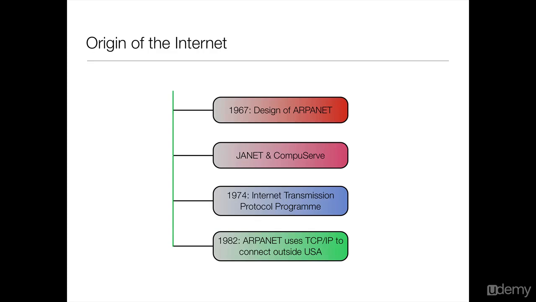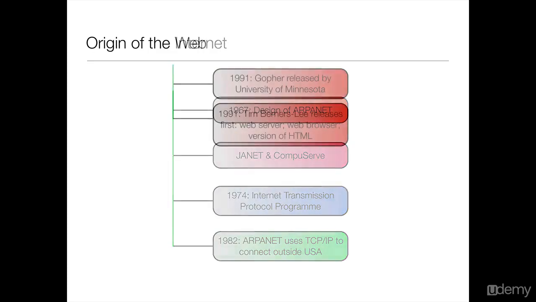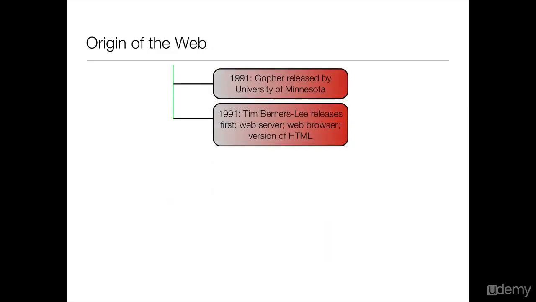And then on top of that, we started to see the origin of the web itself, or what we know as the World Wide Web. So it's a layer on top of that, some technology on top of that. And it started off in two camps.